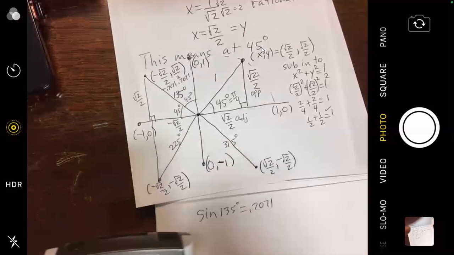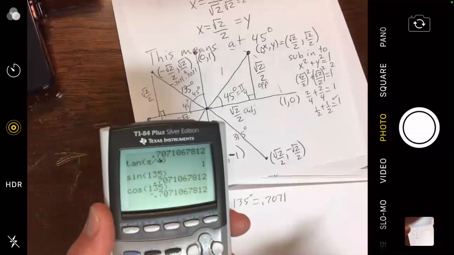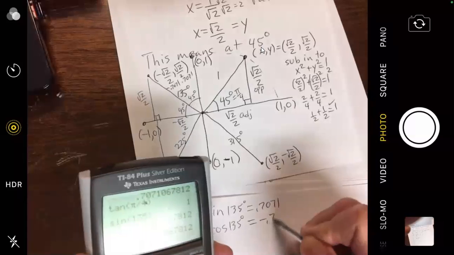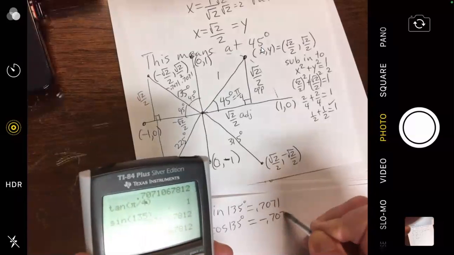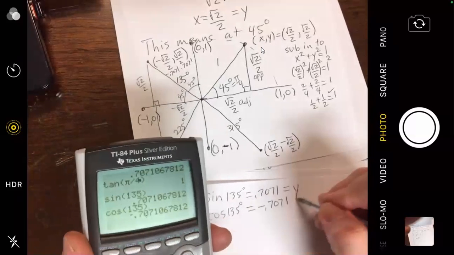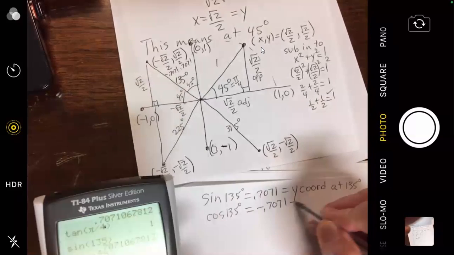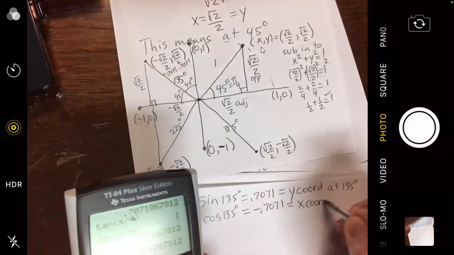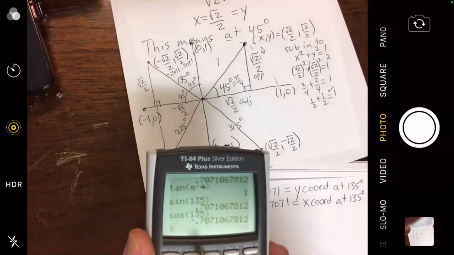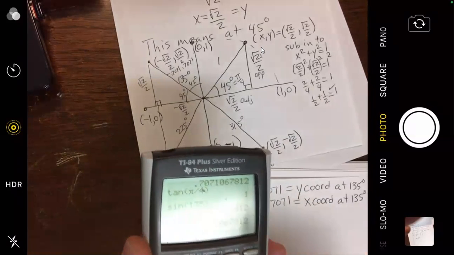If I punch cosine 135, negative 0.7071. Notice that this equals my y coordinate at 135 degrees. This equals my x coordinate, 135 degrees. My tangent at 135 should be negative 1, y over x, tangent 135. There's my negative 1.